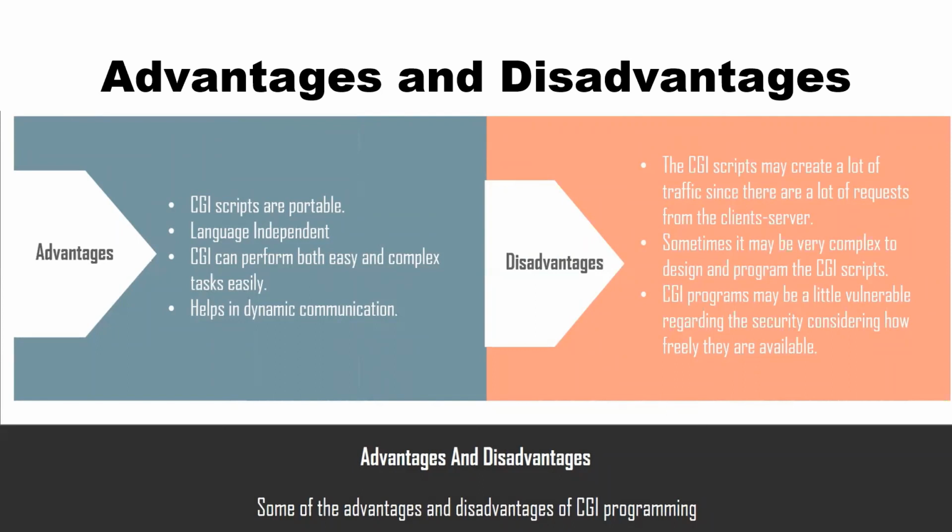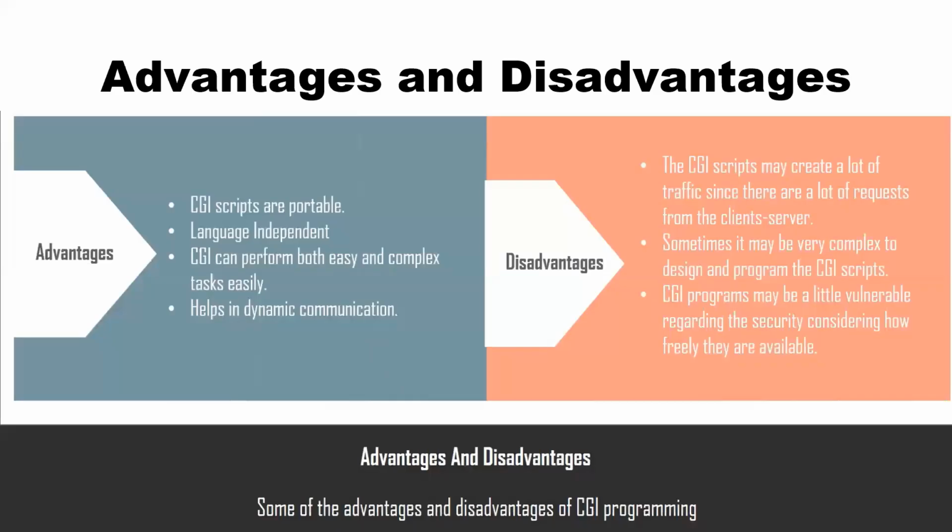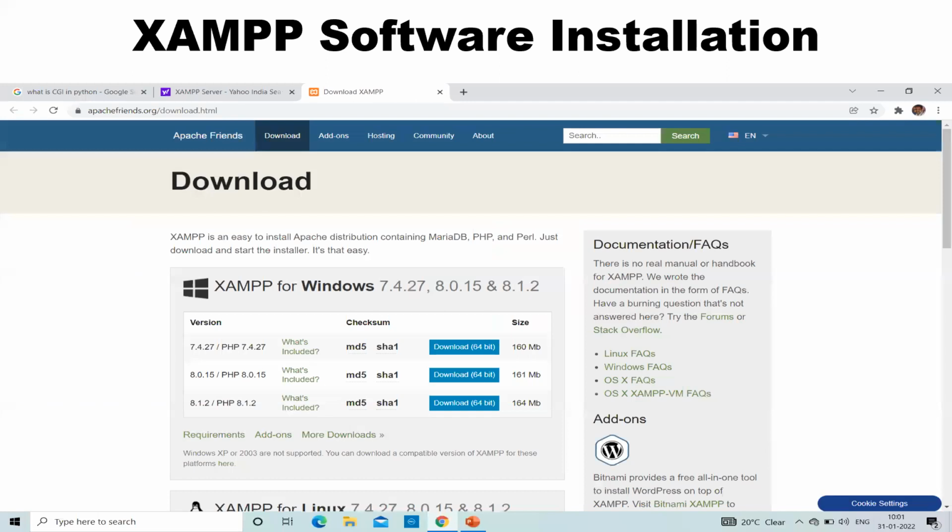Sometimes it may be very complex to design and program CGI scripts. CGI programs may be somewhat vulnerable regarding security, considering how freely they are available. This is the introduction concept. These first slides are the introduction concept.